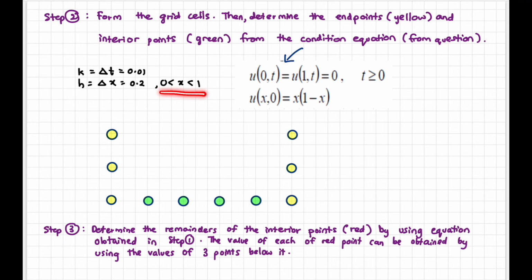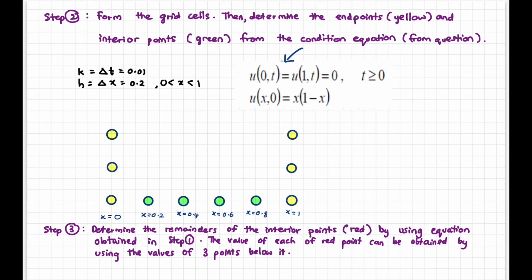X is from 0 to 1. So here your x will be x equal to 0, 0.2, 0.4, 0.6, 0.8, and 1. The difference between two grid points is 0.2, so you just add up 0.2 until you get x equal to 1.